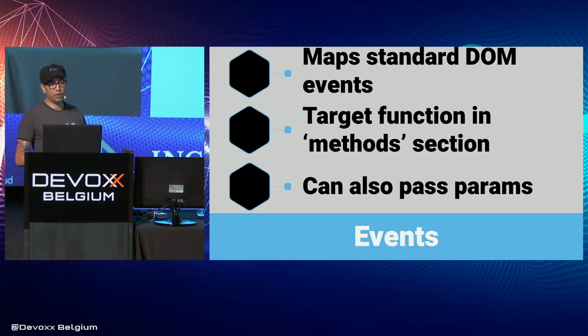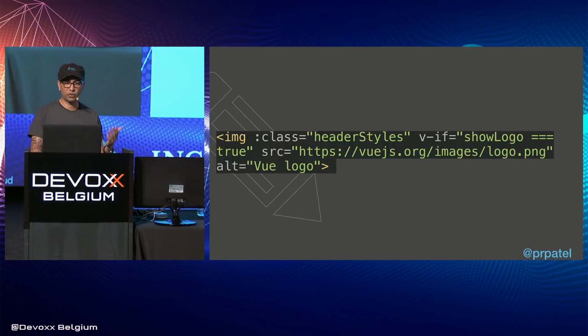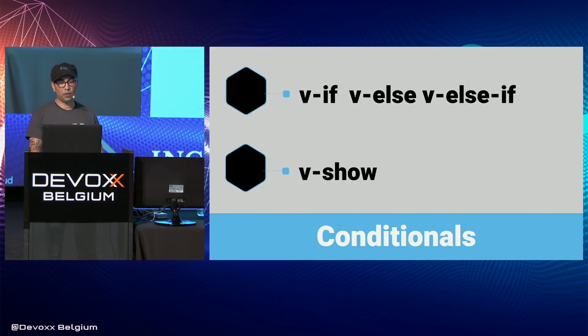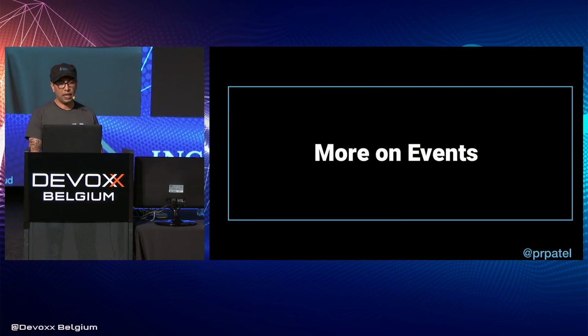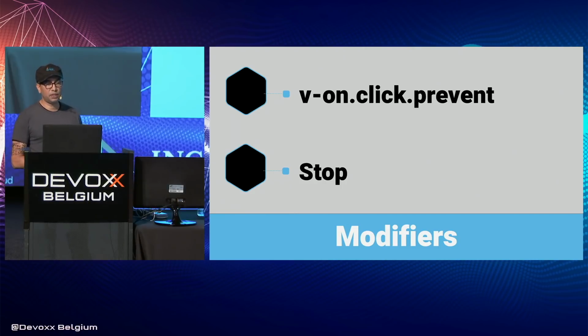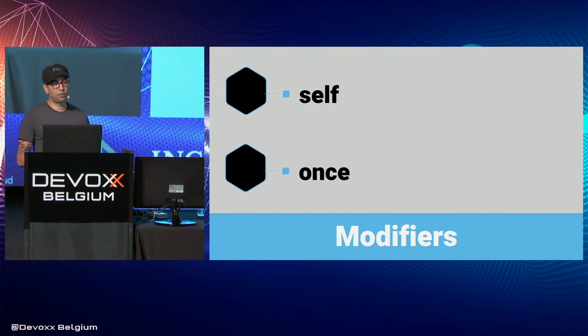We looked at events very quickly. They map to standard DOM events. We also looked at conditionals. We looked at loops as well. And that's pretty much it, right? So some of the things we can do in terms of modifiers for events is we can say on click, prevent propagation or stop propagation here. Only allow someone to click a button once.